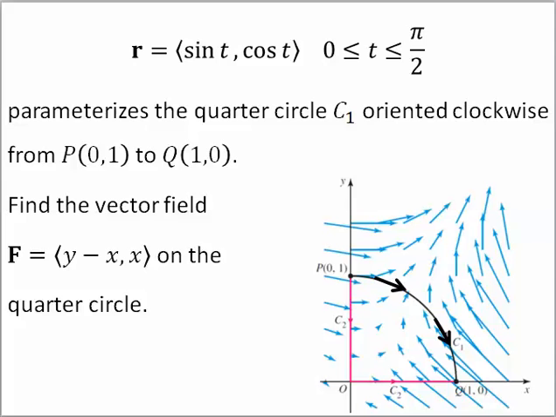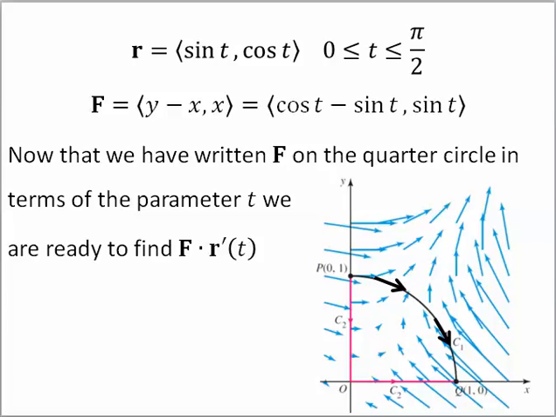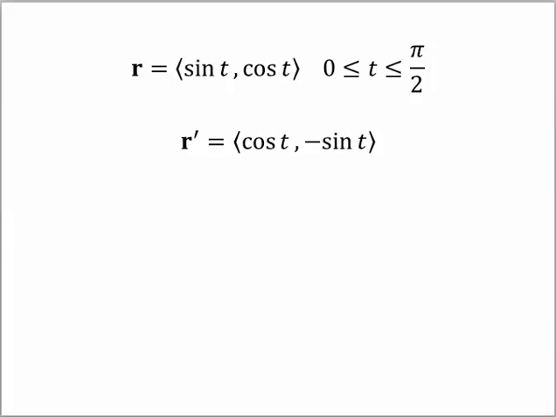Find the vector field F on the quarter circle. Now that we have written F on the quarter circle in terms of the parameter t, we are ready to find the dot product. We find r prime, and then we find the dot product of F and r prime.